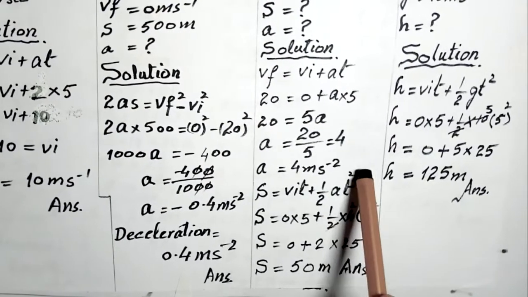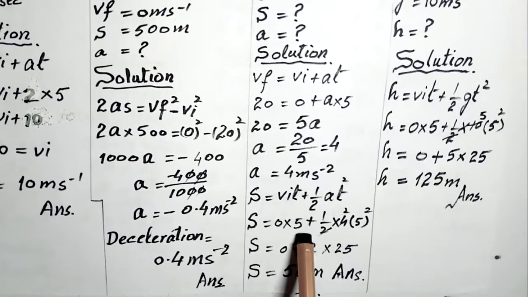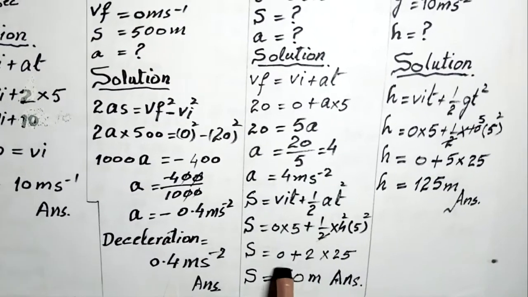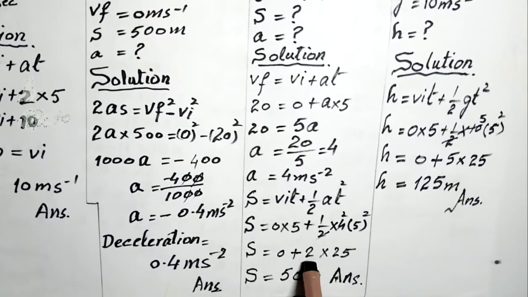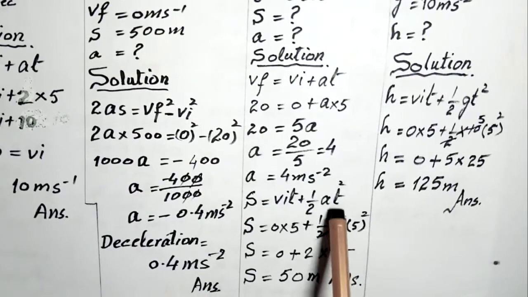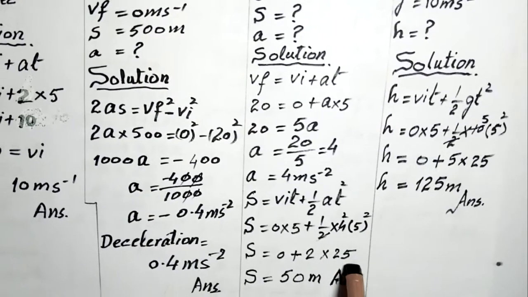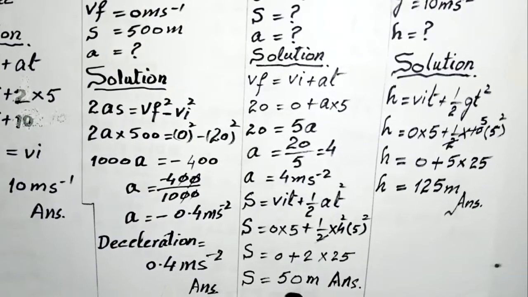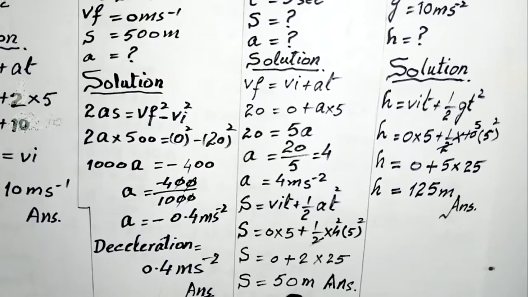T in square, therefore 5 square. 0 multiply 5, it comes 0, plus 2 multiply 25. 2 to the 4, it is cancelled, and now 2 multiply 25, so it comes 50 meter. The distance is 50 meter.